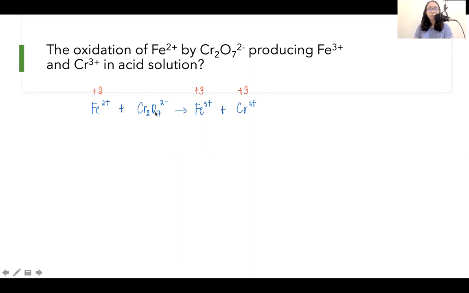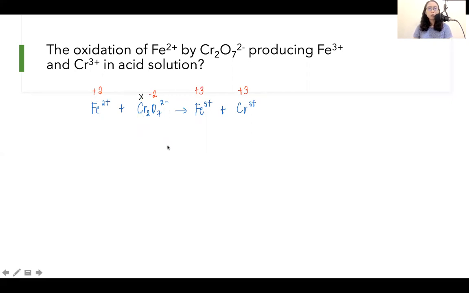This is not a peroxide, so oxygen in dichromate has an oxidation number of -2.